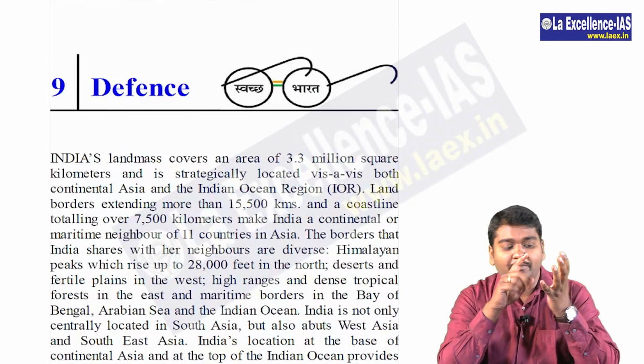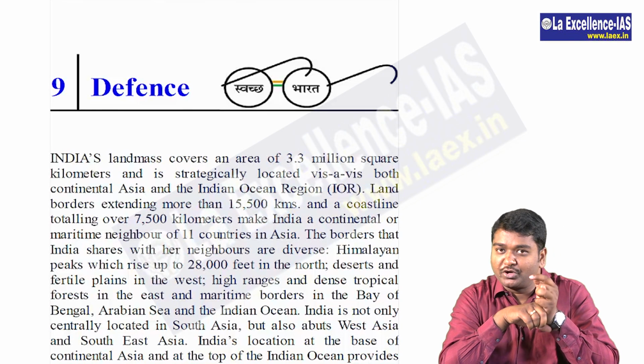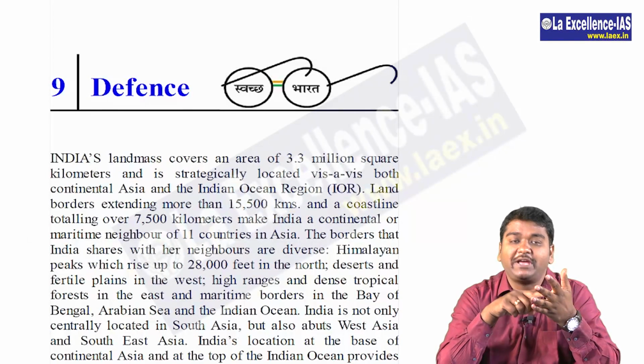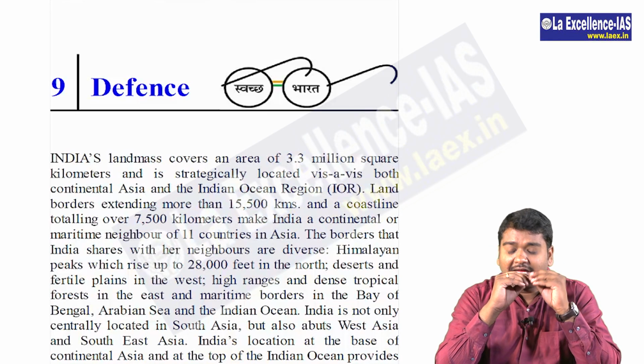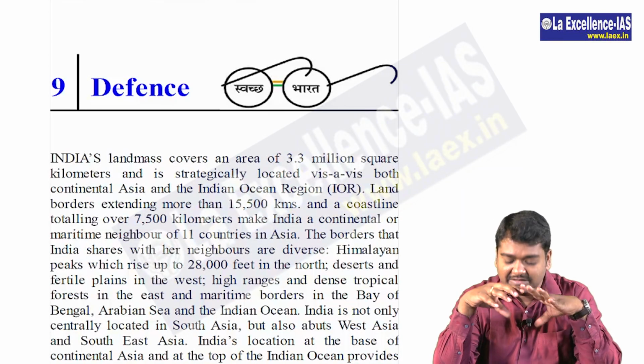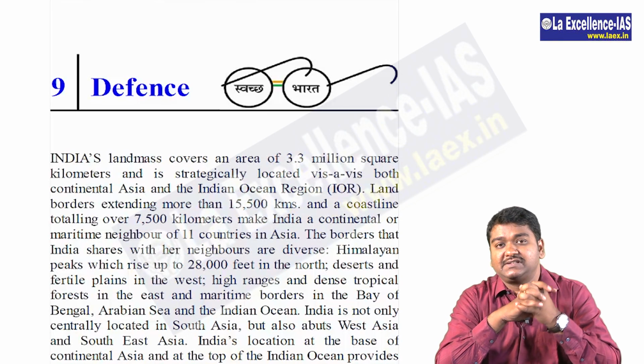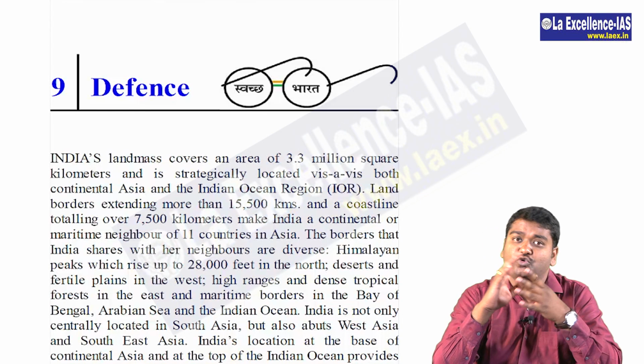So guys, then from IR and internal security point of view, you have to go through page number 198 to 208. Every line is important. If you can use this language in your mains exam, high possibility you may get more questions.